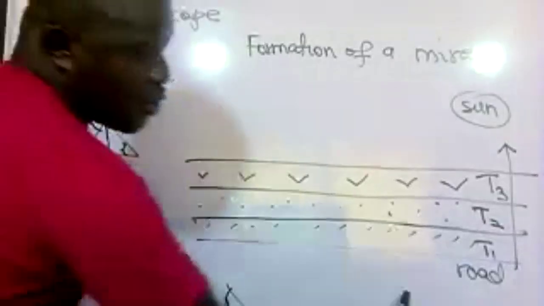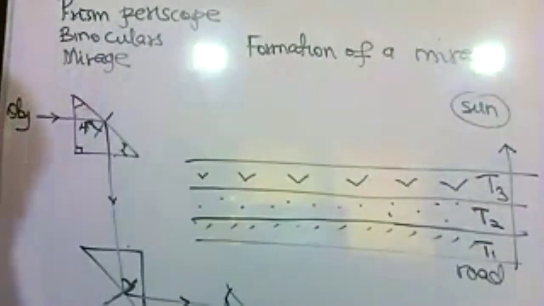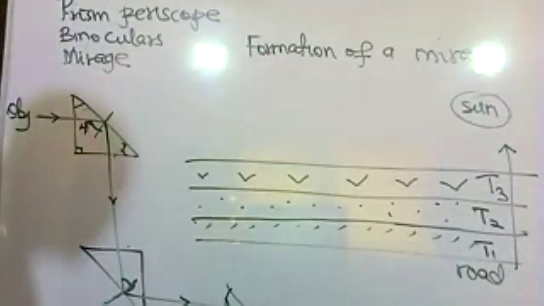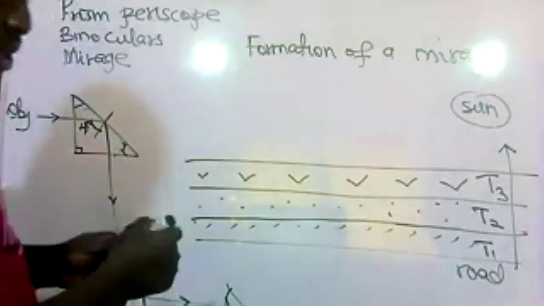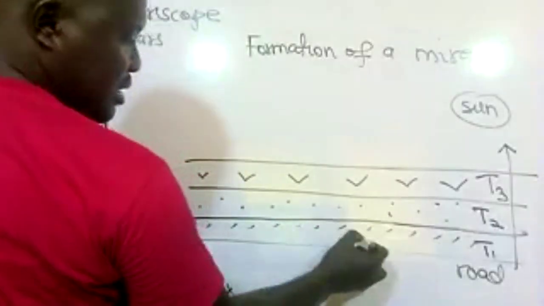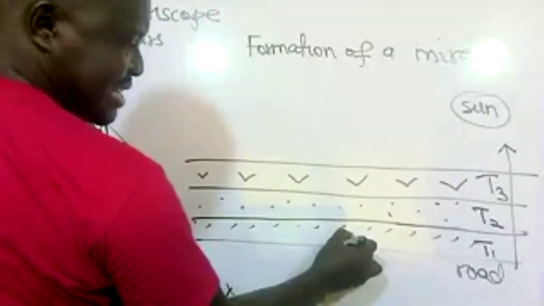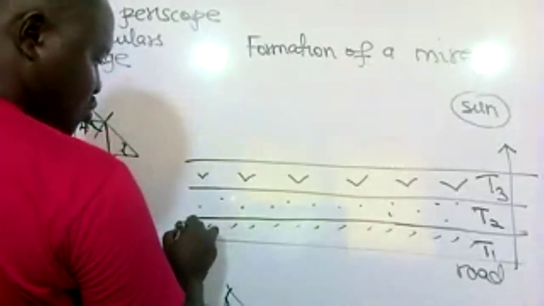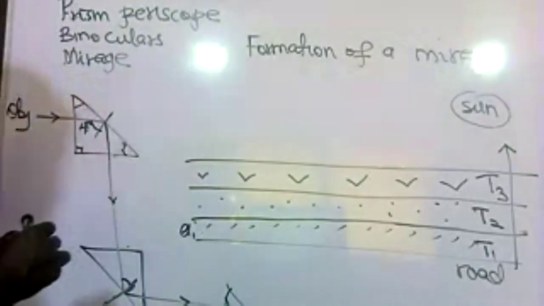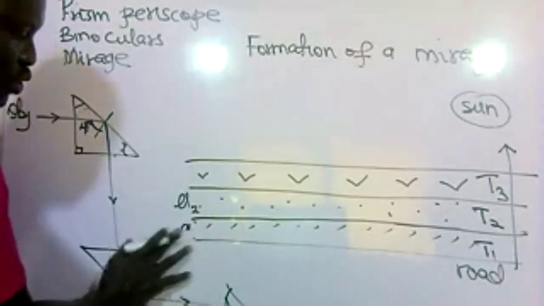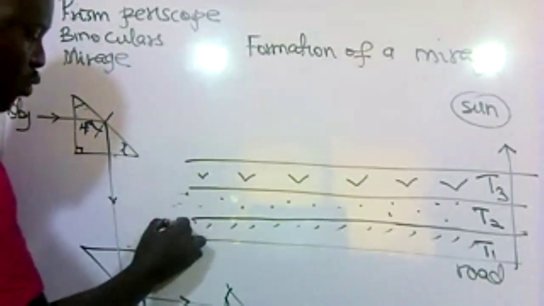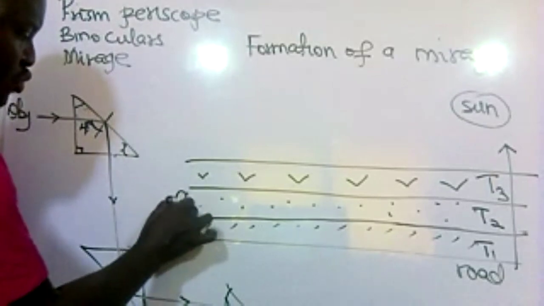So as we go up, the temperature decreases. But in terms of the density of air, this will be so light. So rho 1, rho 2, rho 3.